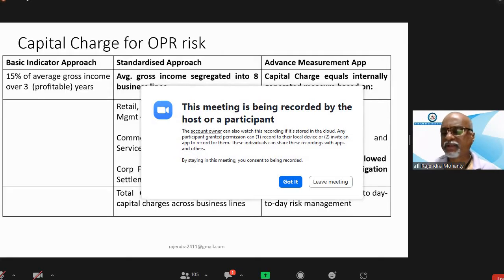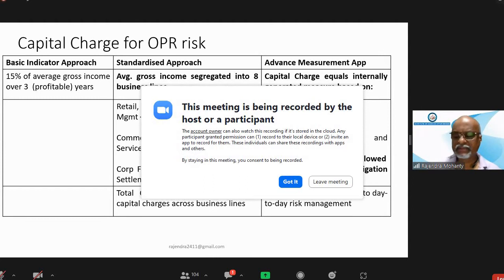So why I'm telling you, sometimes an MCQ is asked, what is the maximum percentage of risk mitigation allowed under operational risk? So you can say it is 20%. Or a question will be asked, what is the process of risk mitigation in operational risk? Then you can say insurance is the process through which mitigation of operational risk can be done.